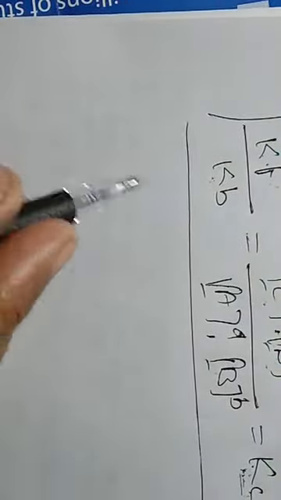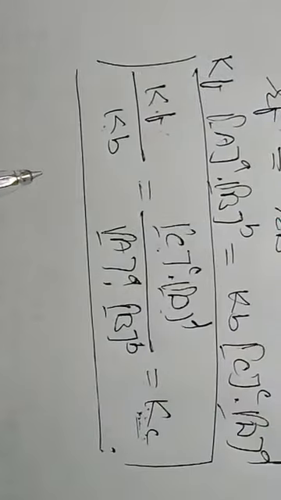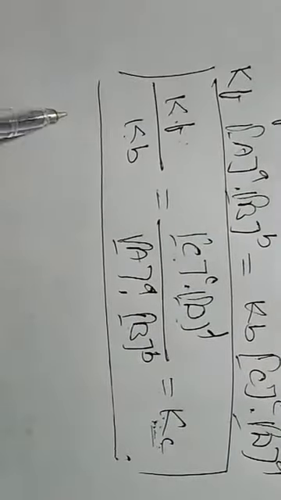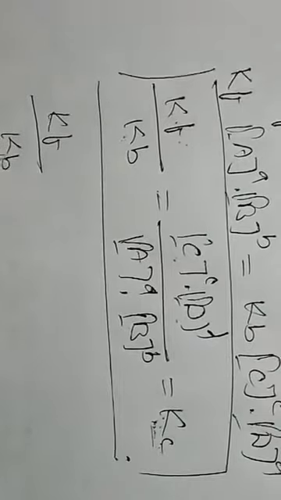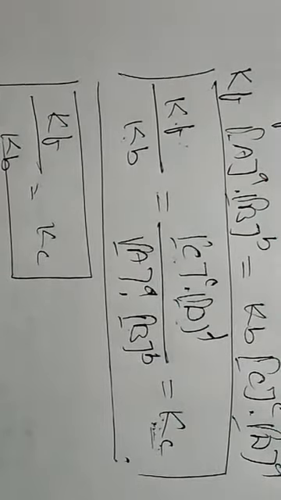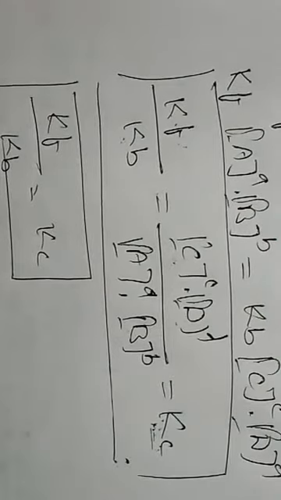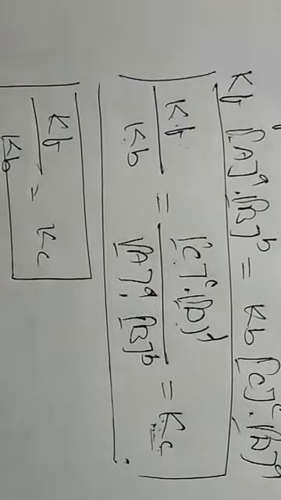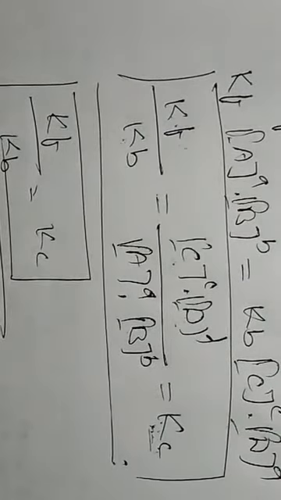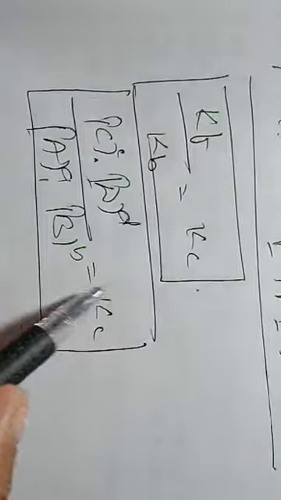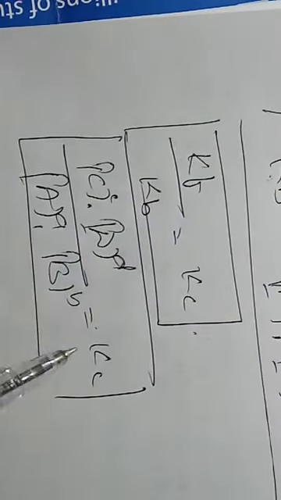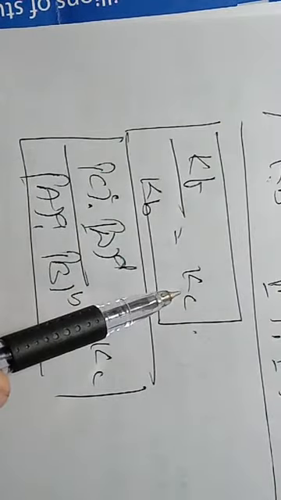Then we can write this relation in two forms as Kf upon Kb equals Kc, or C to the power C, D to the power D upon A to the power A, B to the power B equals Kc. Okay, so these are the two ways in which we can define the law of chemical equilibrium.